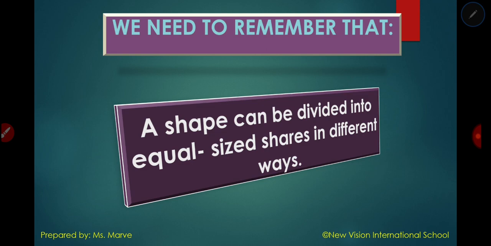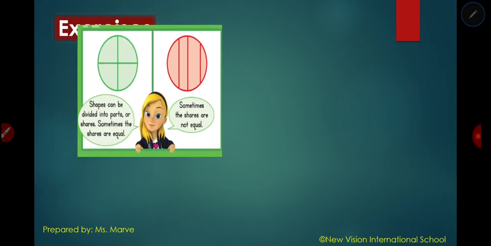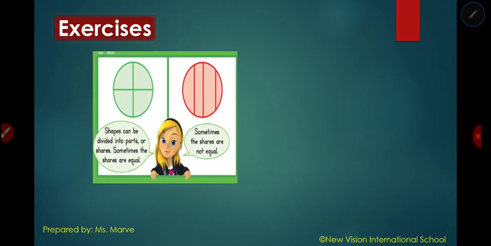Always also notice and remember that when you are identifying equal shares, you need to apply your knowledge of shapes and of equality as you describe shapes that are partitioned into 2 and 4 equal shares. So let's take a look at this example. We have here 2 circles.